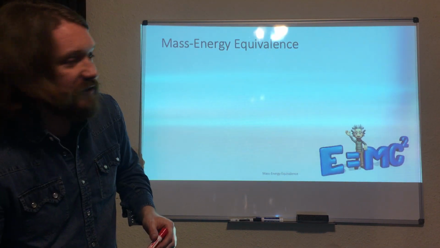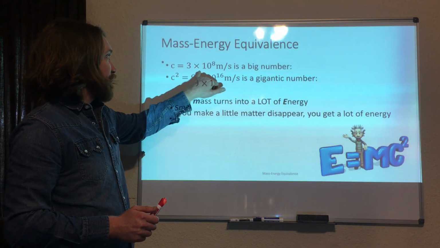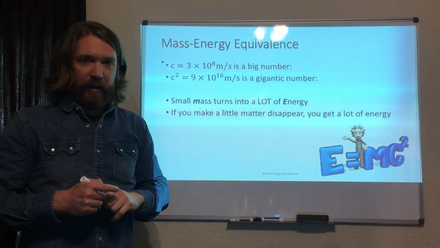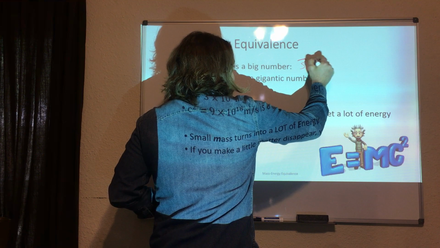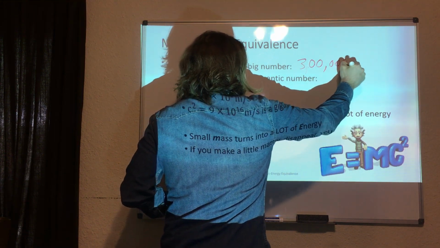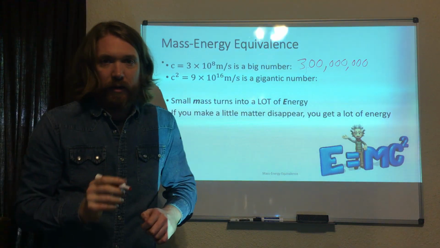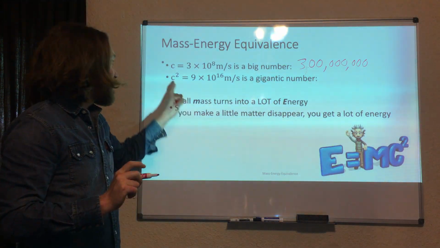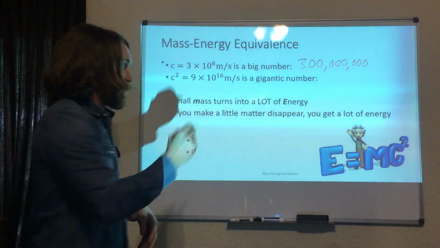So, what does this mean for us? Well, we know that c is equal to 3 times 10 to the 8th meters per second. This number, if you remember, is 300 million. 3 times 10 to the 8th, which is 3 followed by 8 zeros. That's a large number. But c squared is not 300 million. C squared is 300 million times 300 million, which gives us this number.